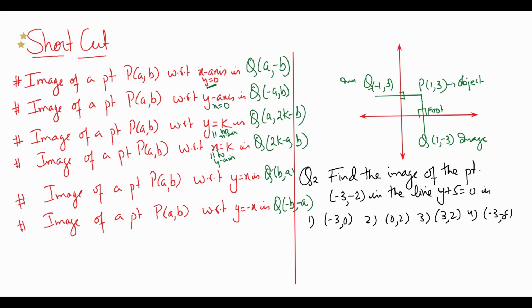The image of (a, b) with respect to y equal to x is (b, a), but the image with respect to y equal to minus x is (minus b, minus a). These are a few particular cases. You can just directly apply the shortcut here.